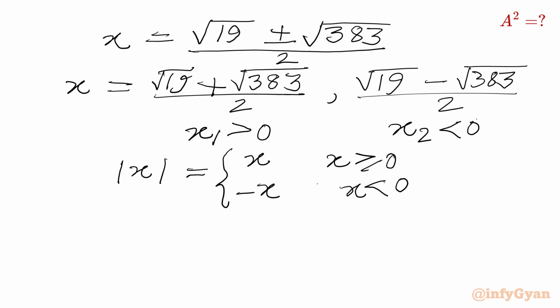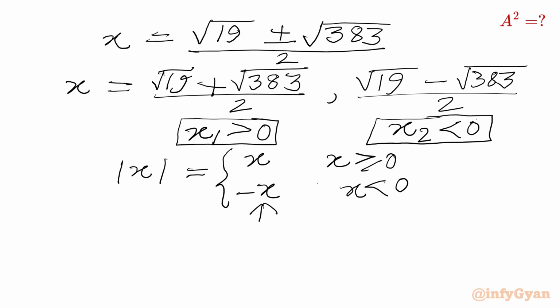So here we have x1 positive, so mod of x1 equals x1. But in case of mod of x2, since x2 is negative, we will put a minus sign there due to the definition of the mod function.